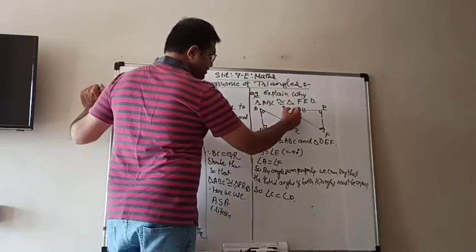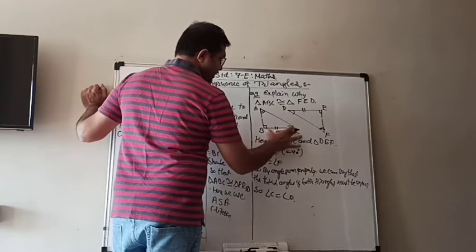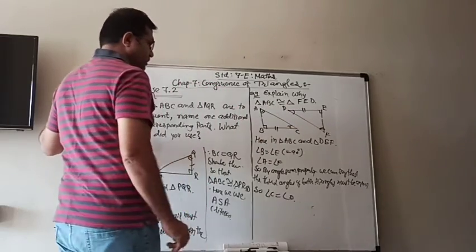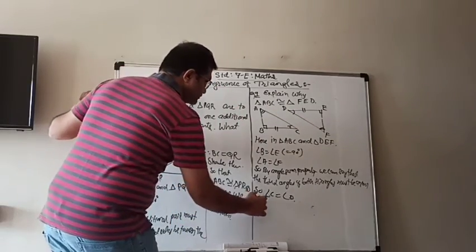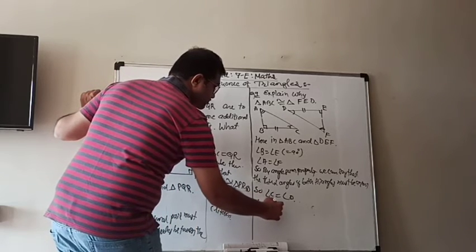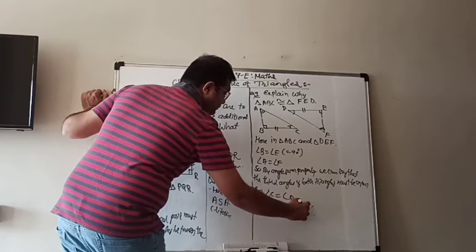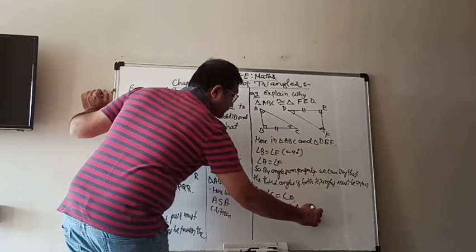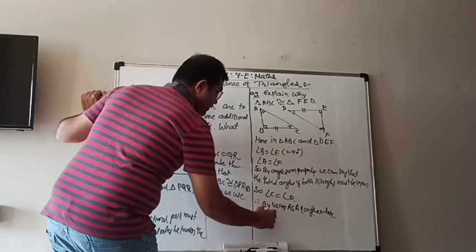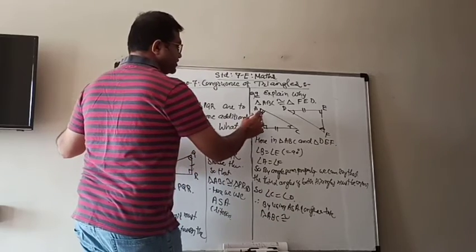So now you can see that angle C and angle D are equal, and therefore the angle side angle property can be there. Therefore, by using the ASA congruence rule, triangle ABC, so with A, what is there?